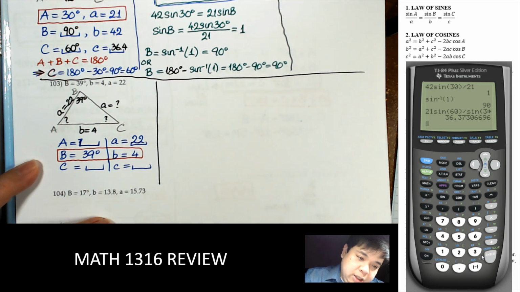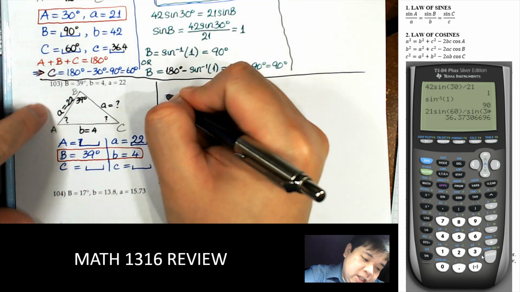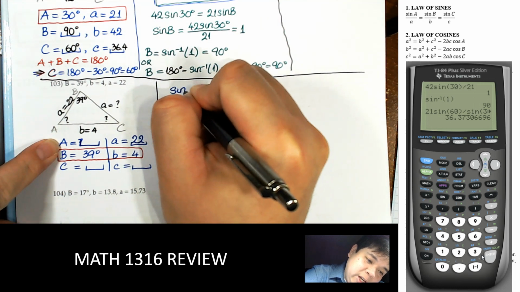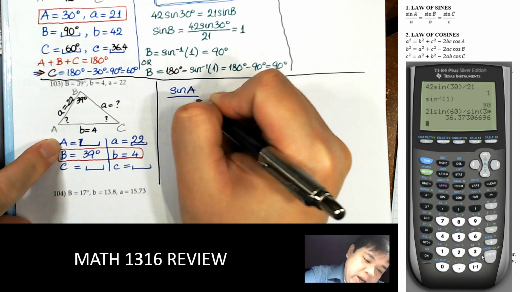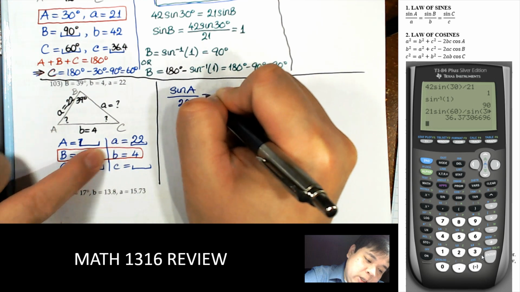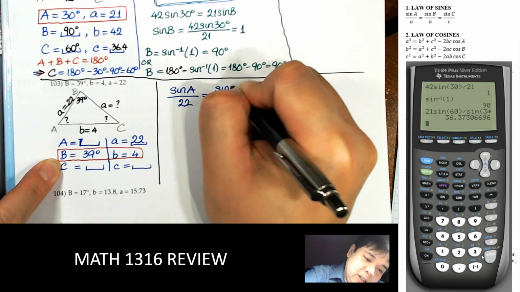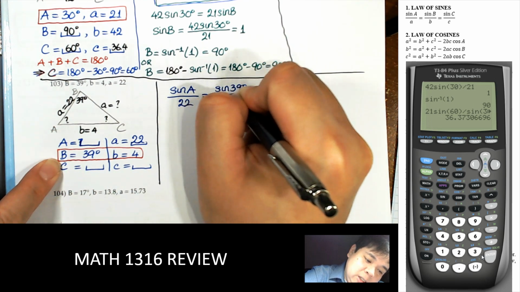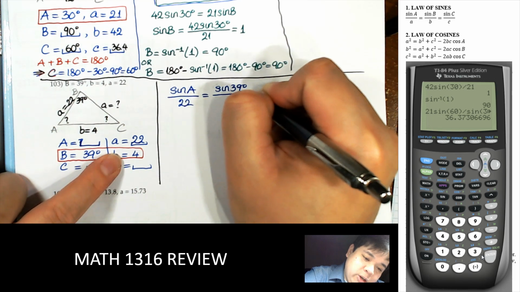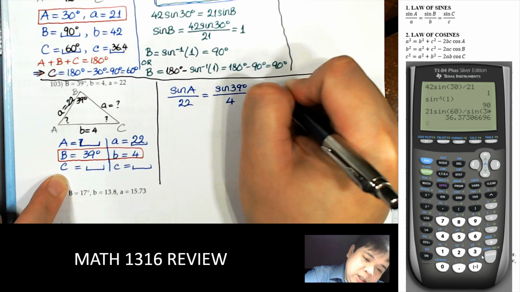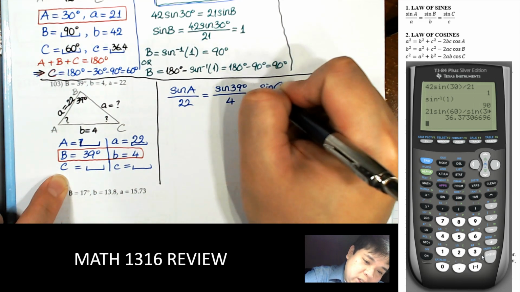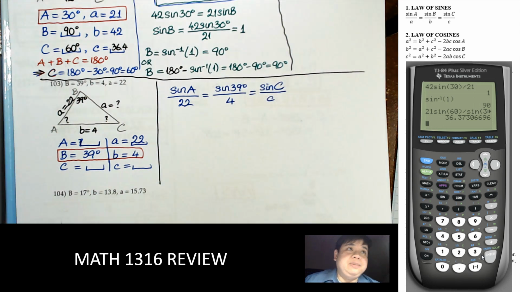So I just keep the formula: sine of A, we don't know A, over little a, 22; sine of B over b, 4; sine of C, we don't know angle C, and we don't know little c.